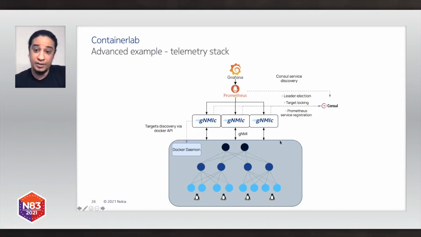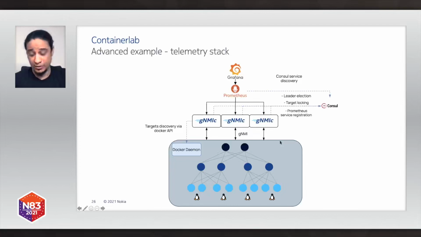These GNMIC instances will also register a Prometheus server in Consul and expose HTTP endpoints for Prometheus to scrape. The Prometheus server itself will discover the GNMIC Prometheus outputs by querying the services list from Consul.